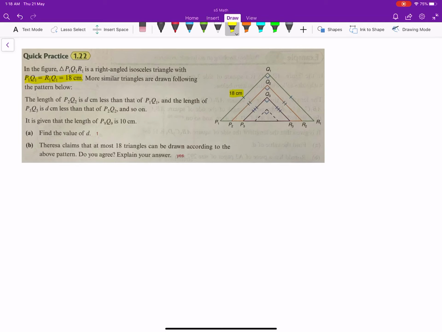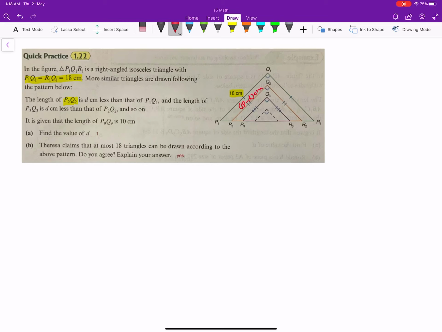And more similar triangles are drawn following the pattern below. The length P2Q2 is d less than P1Q1. It means if this is 18 on the graph, then you may have this is 18 minus d.